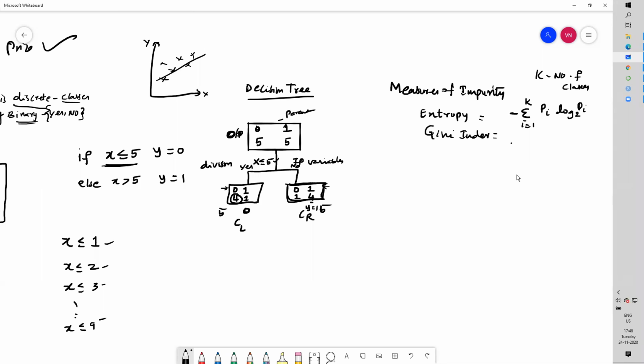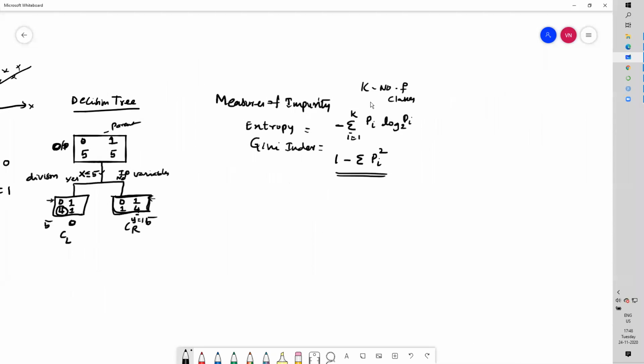Then what is Gini? 1 minus sigma times pi square. So this is the Gini index. I'll show you a simple example to represent how Gini and entropy work. Let's say we have a node like this. So this is 5 observations that belong to the no class and 5 observations that belong to the yes class.